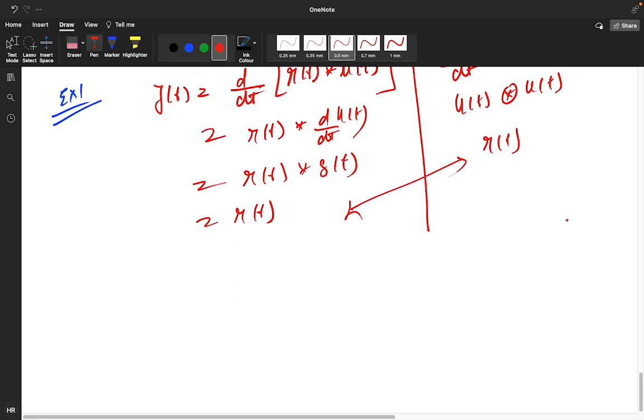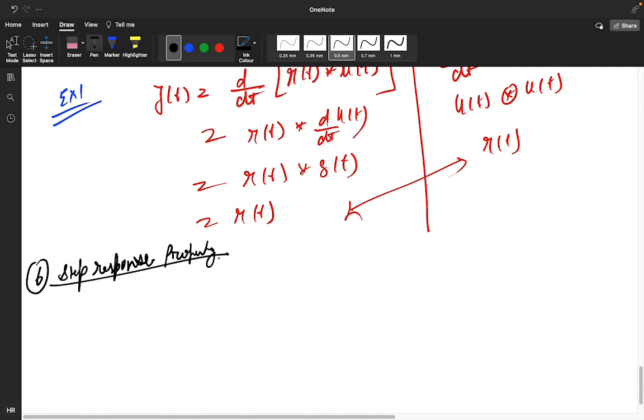Now the step response property. Sixth property is the step response property. So what does this property say? If you have y of t is equals to x of t convoluted with u of t, then you don't need to do anything.